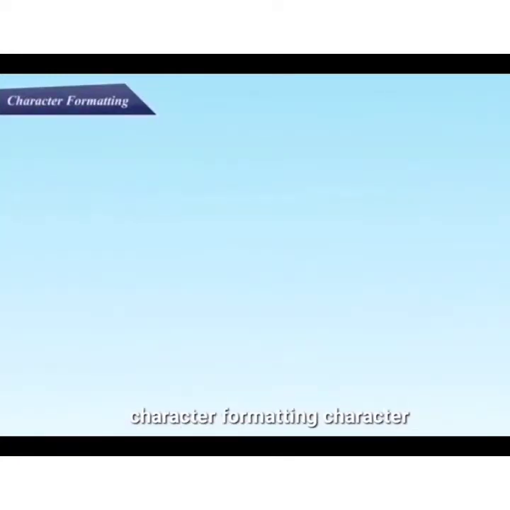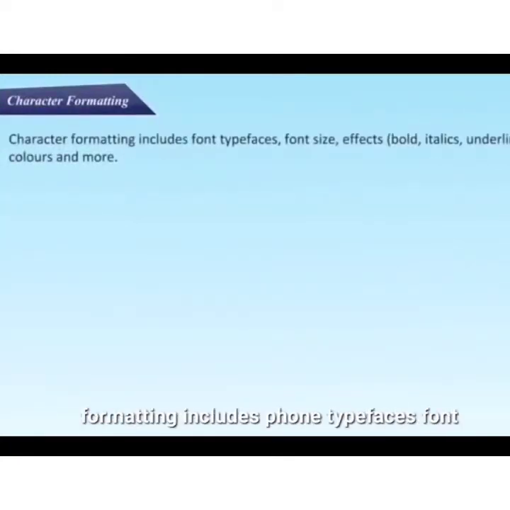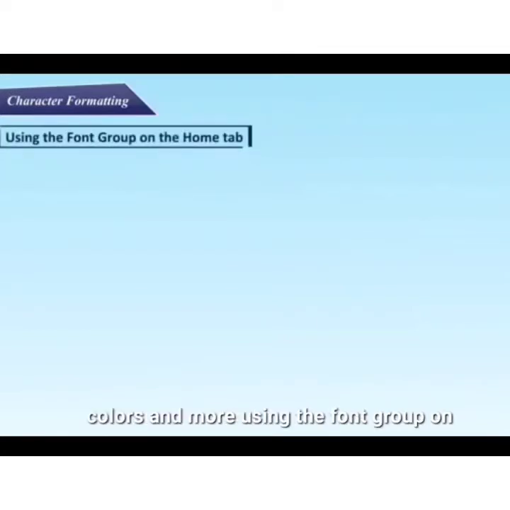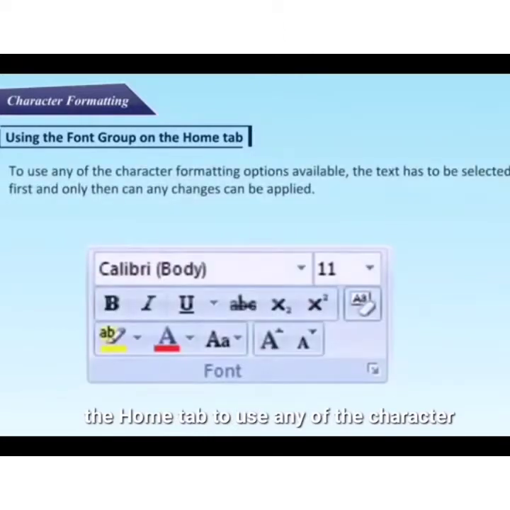Now, character formatting. Character formatting includes font typefaces, font size, effects like bold, italic, underline, colors and many more, using the Font group on the Home tab. To use any of the character formatting options available, the text has to be selected first and only then you can change it.